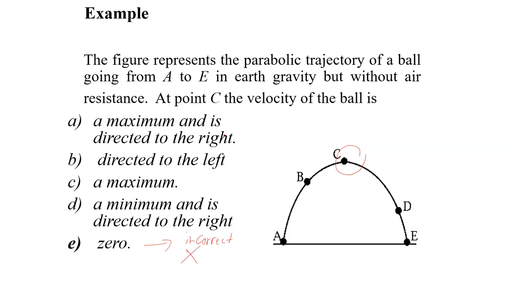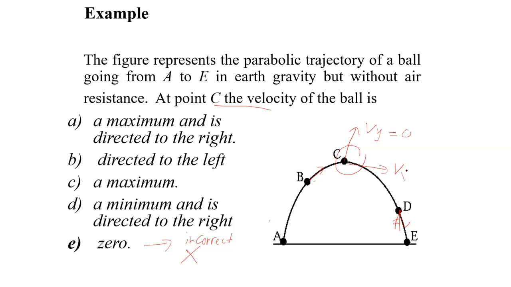It's asking at point C, what is the velocity? Let's draw the velocities here, here, here. And here, what happens? This is your maximum point. Your Vy velocity is 0, but it's still moving to the right.